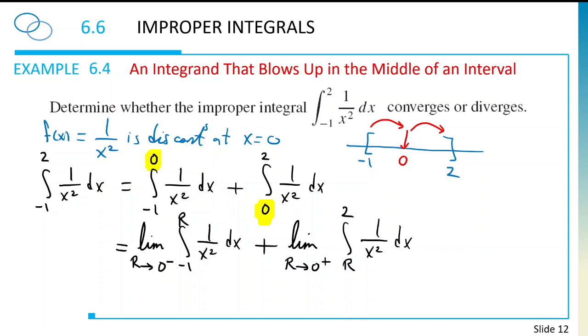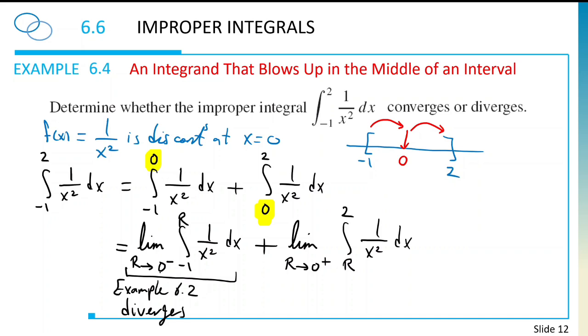Now I have to deal with each one of them separately. If you go back to our example 6.2, we took it from -1 to 0, which is this one basically. We noticed in example 6.2 that this diverges.